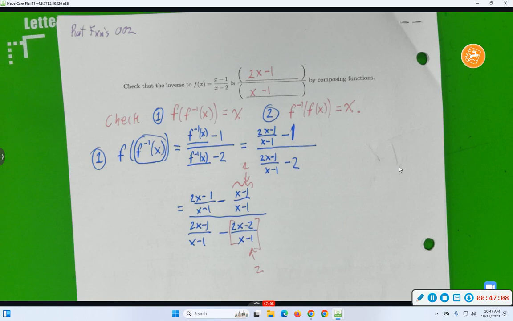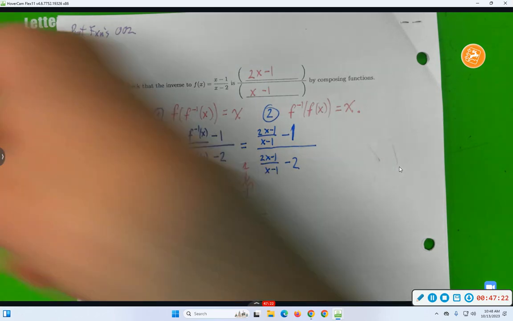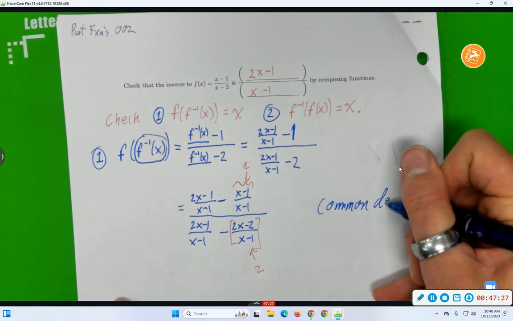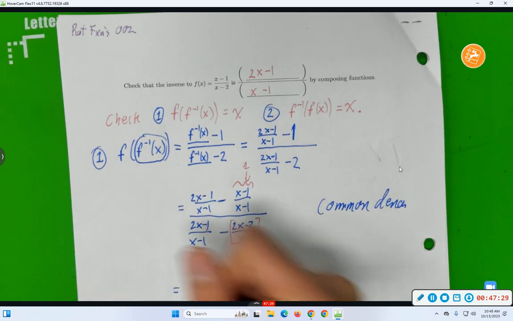Folks feel good so far? All right. So we have common denominators. What's the whole point of getting common denominators? What does that let us do? Do the subtraction. Yeah. Subtracting fractions is now easy. So I get a common denominator. Let's subtract some fractions.